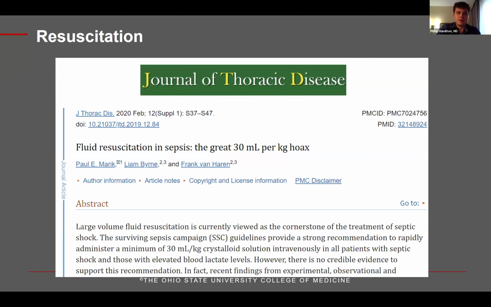And so some people have very strong feelings about this. This was a paper from 2020 in the Journal of Thoracic Disease that refers to it as the great 30 cc per kg hoax, and talks about some of the risks of indiscriminate volume administration in some of our patients who are coming in. I think some of the initial guidelines don't necessarily specify whether the 30 cc's per kg should be for a patient's total weight.